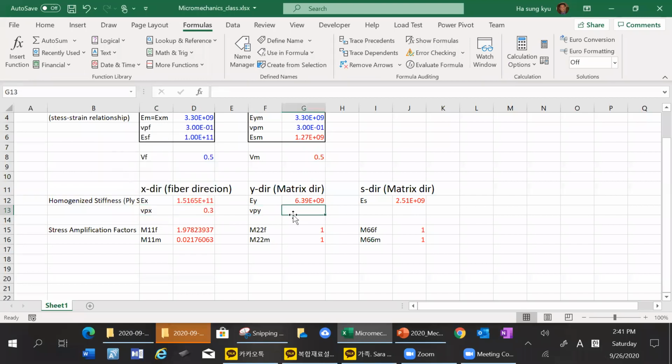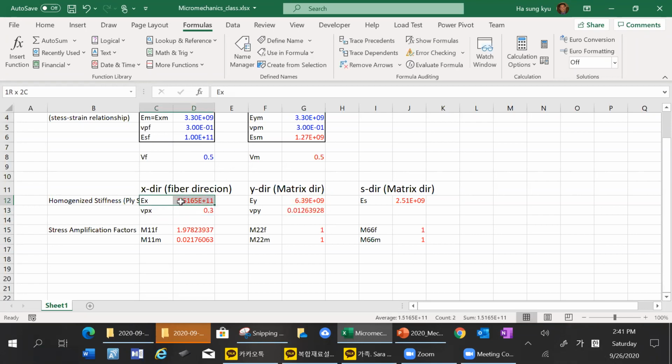And y will be defined as this times EY, which we already have, and divide by the EX, which we already have.